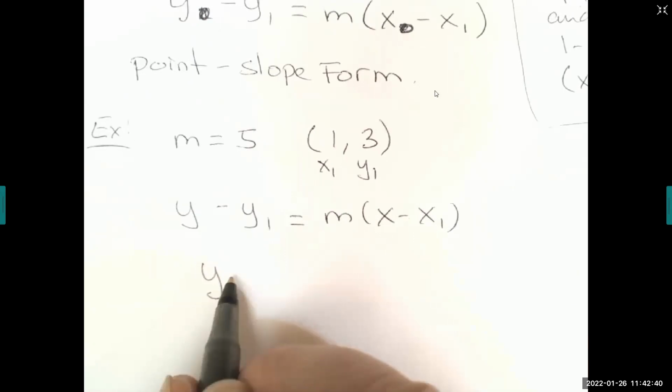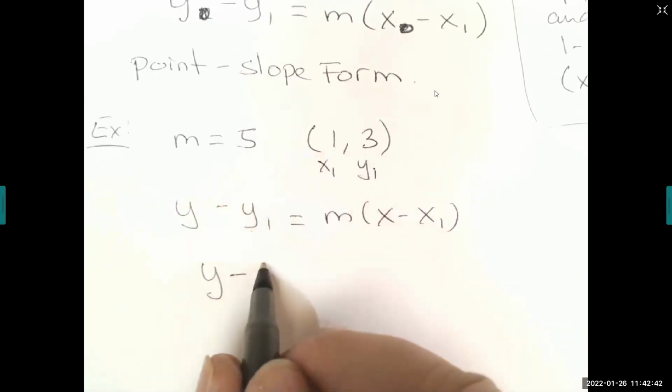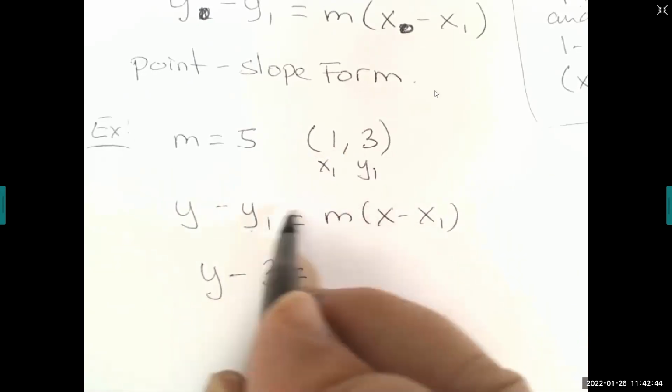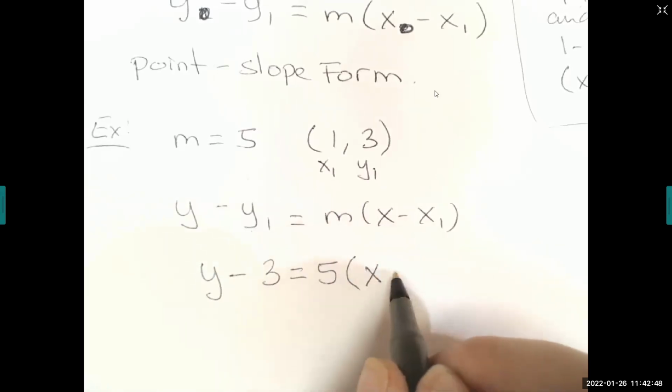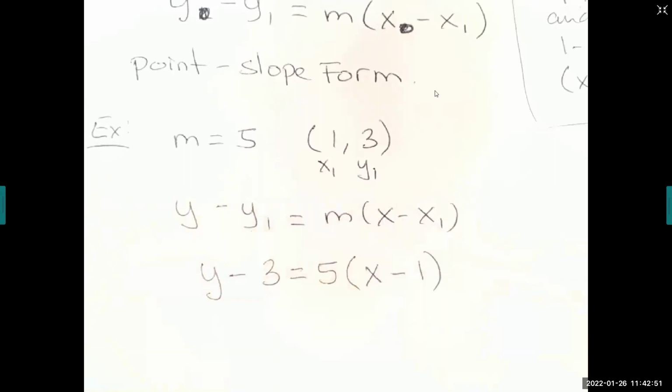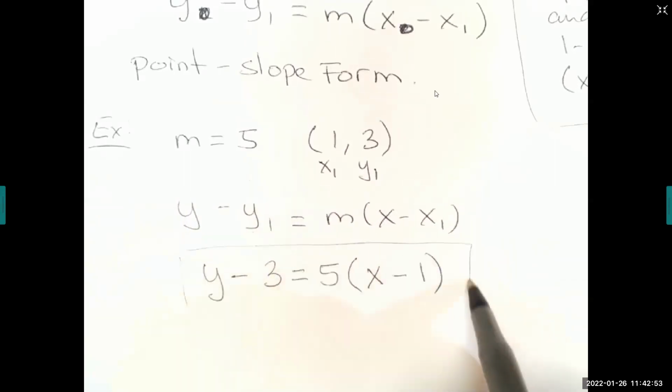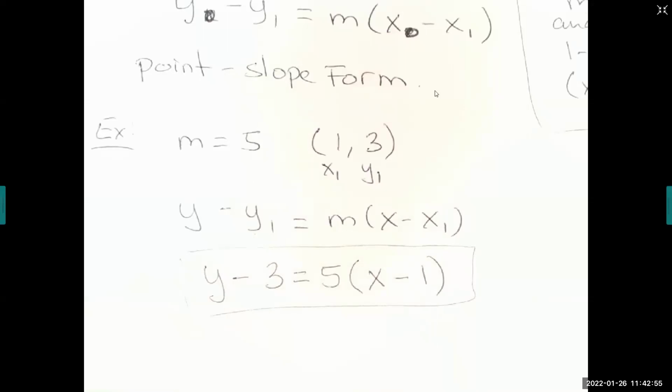So y1 is 3, m is 5, x1 is 1. And there you have it. That's your answer in point slope form.